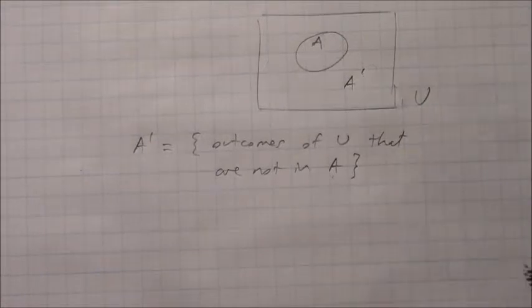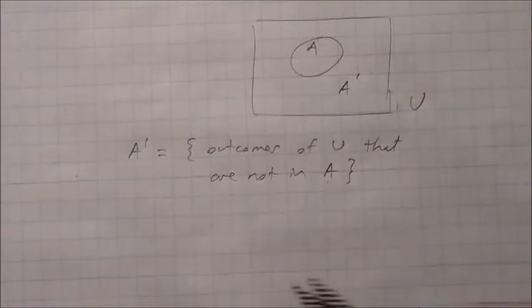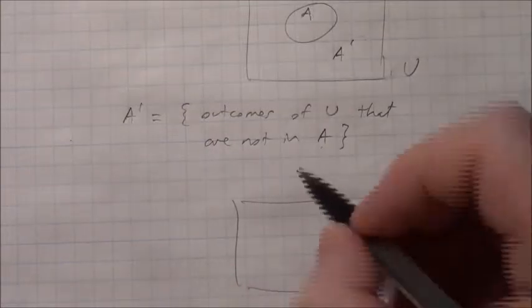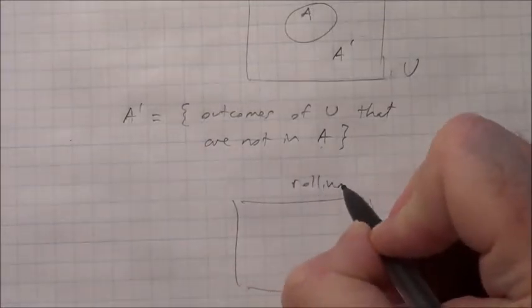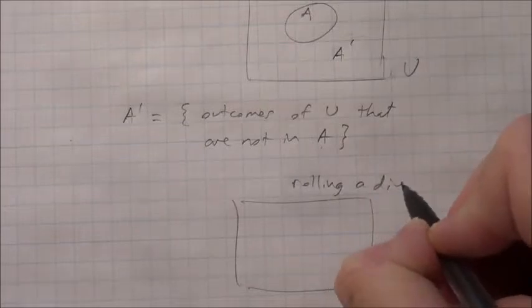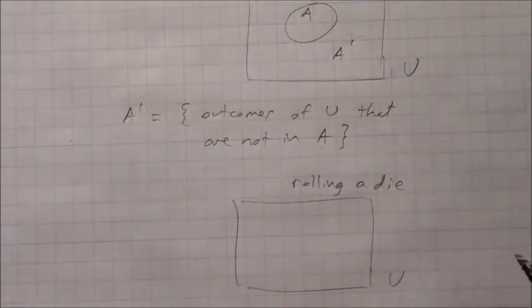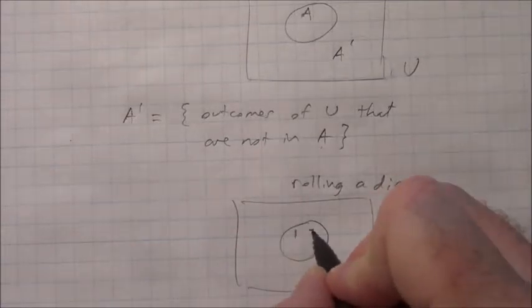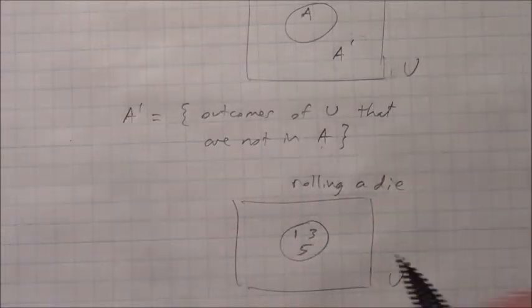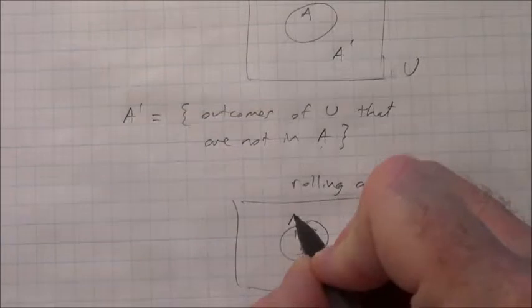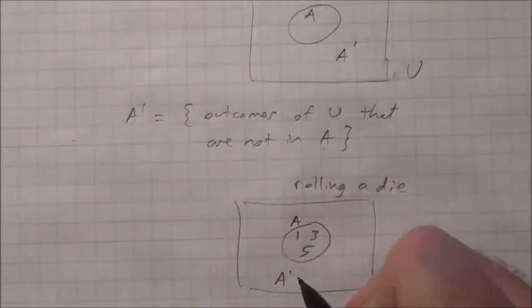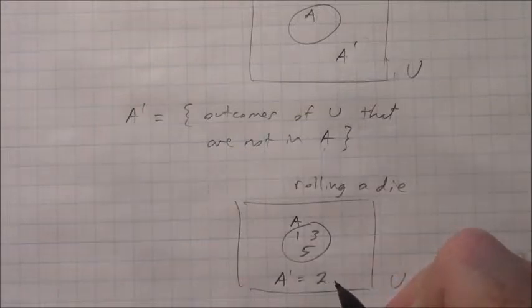Or if we were rolling a die, and we're saying, okay, how many odd numbers will there be? Well, if the sample set are odd numbers, then the complement, which is A prime, would be all the even numbers.